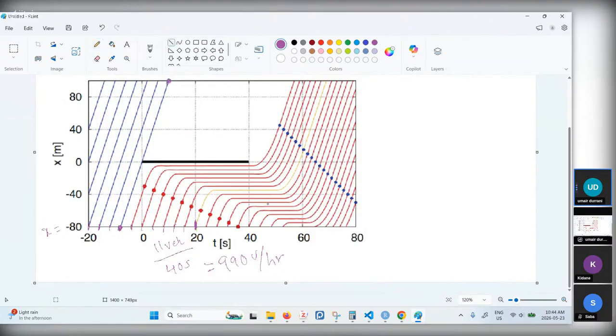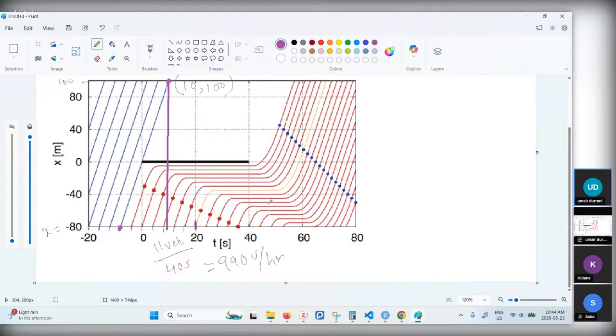If I draw a line here, this is almost 10 seconds. I would say here is 10, comma, this is 40 to 40, that would be 20. So this is 100.